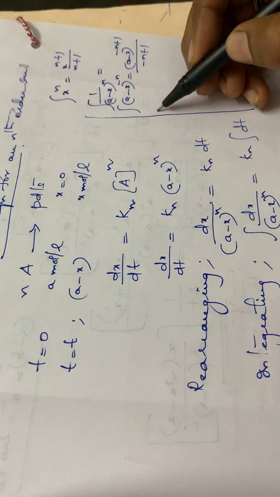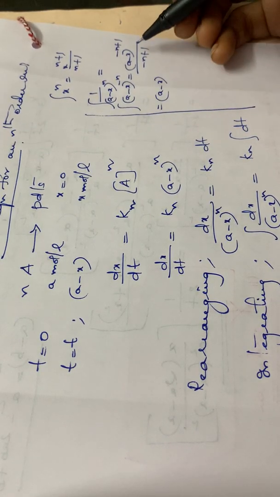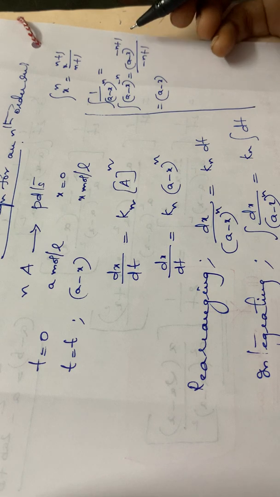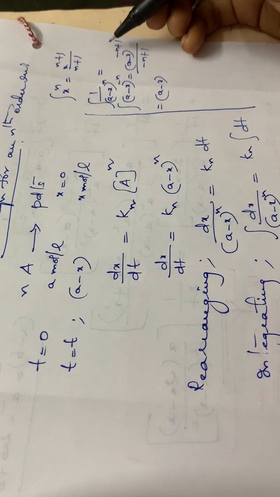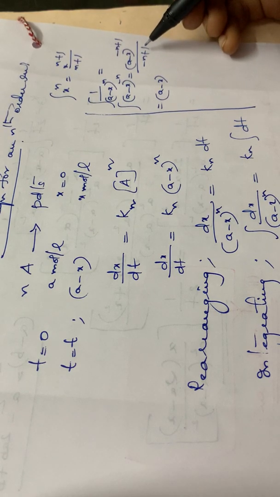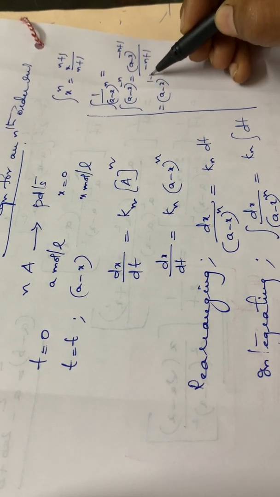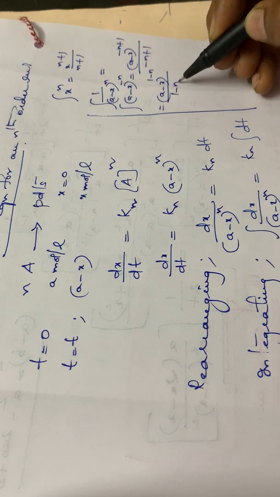Okay, so it becomes (A minus x) the whole raised to 1 minus n divided by 1 minus n, isn't it?